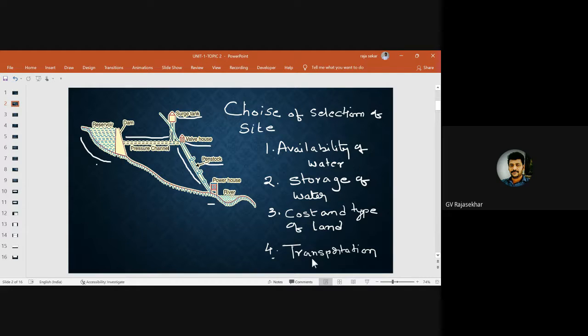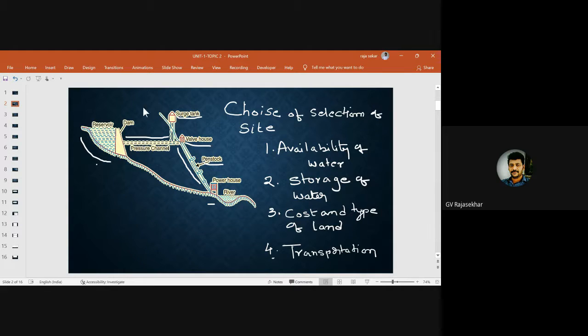And transportation facilities to the powerhouse. So these four factors have to be taken into consideration while constructing the powerhouse for a hydropower plant: availability of water, storage of water, cost and type of the land, and transportation.